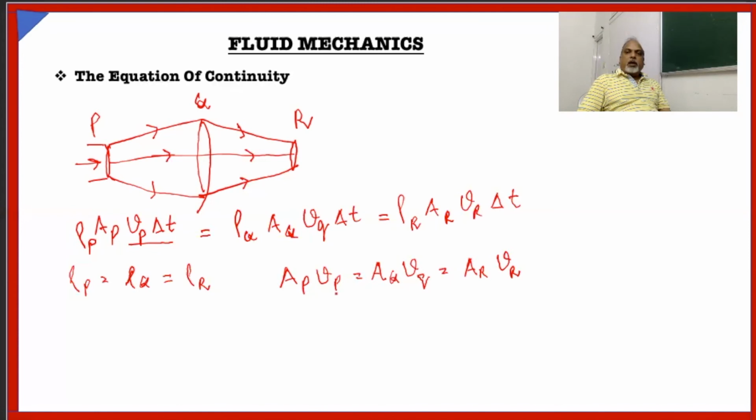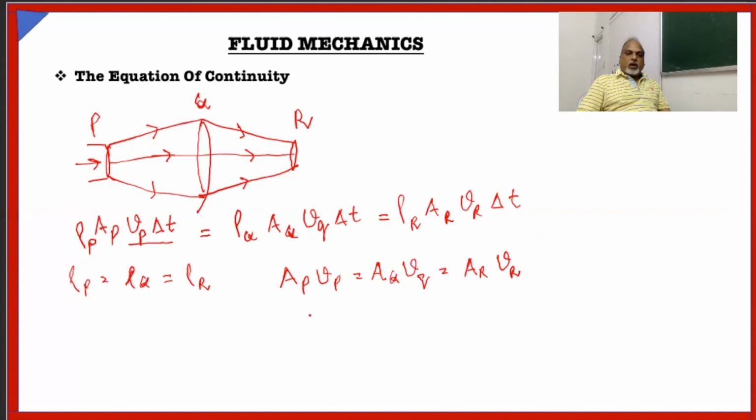Area into velocity remains the same at any point in the tube, and this is called the equation of continuity.